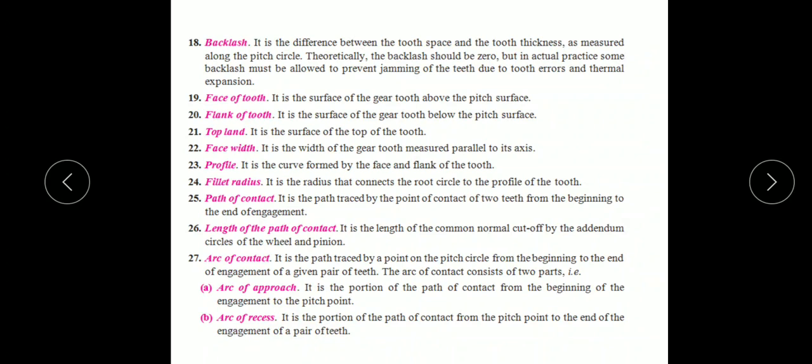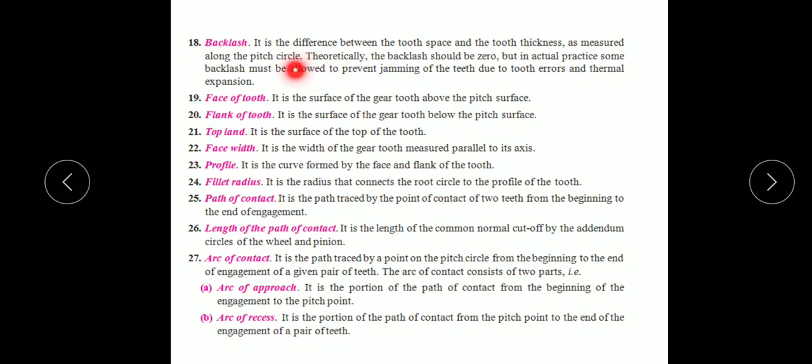And another important term is backlash. Backlash is nothing but the difference between tooth space and tooth thickness. Normally in the theoretical case, the teeth are in contact at the engagement and disengagement points, so there will not be any backlash, but in the actual case a small backlash is provided to avoid jamming and errors due to thermal expansion of the teeth.